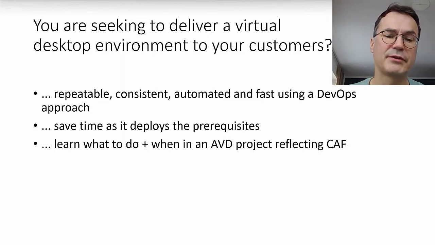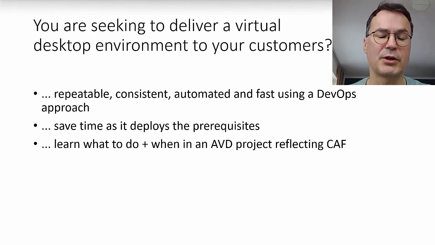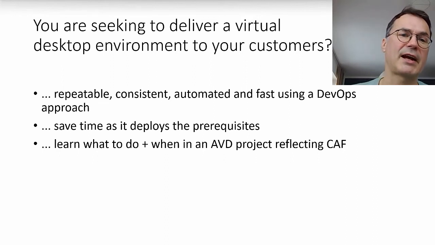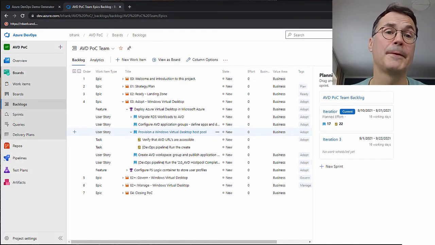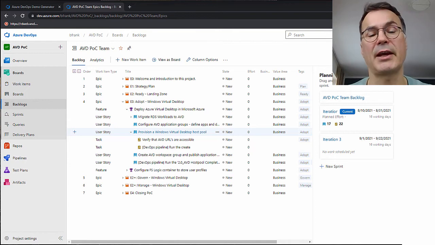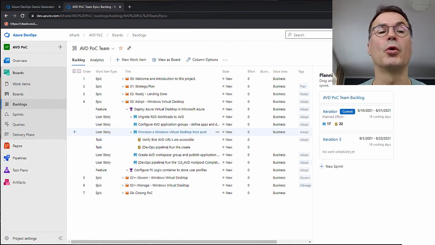Also, for the newbies to Azure Virtual Desktop, you always have the problem of what should I do when. So within that project, we have pre-created work items with tasks that you can execute one by one in an order based on the Cloud Adoption Framework approach, where you have the strategy phase, the planning phase, the ready phase, the adoption phase, where you start to roll out things.